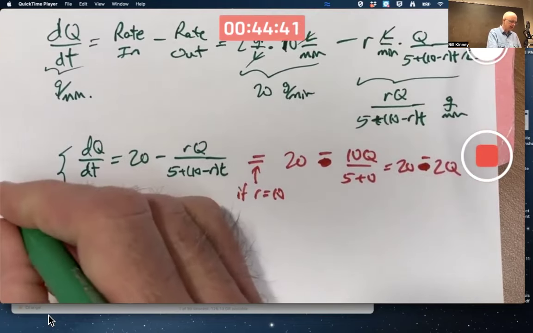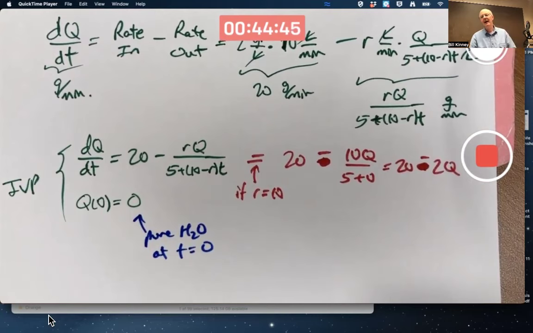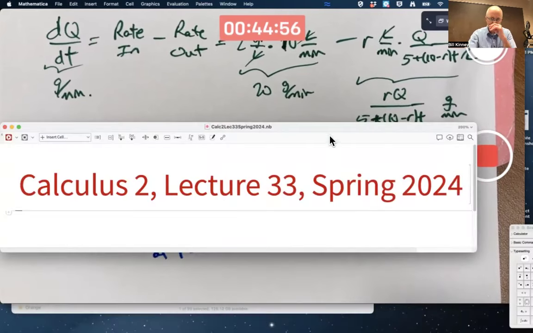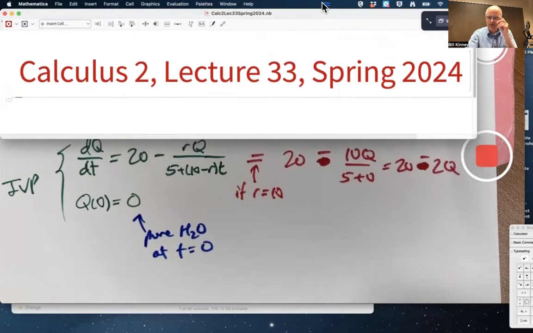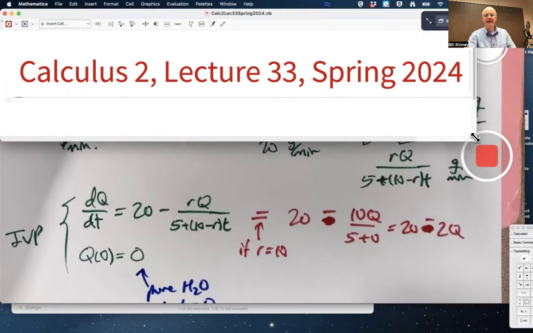This is our IVP. Let's have Mathematica solve the general one, as well as the special case when R is 10. We'll compare and contrast them and just see what happens. So I'm now teaching you how to use Mathematica to solve a differential equation. There's actually various commands that can be used.